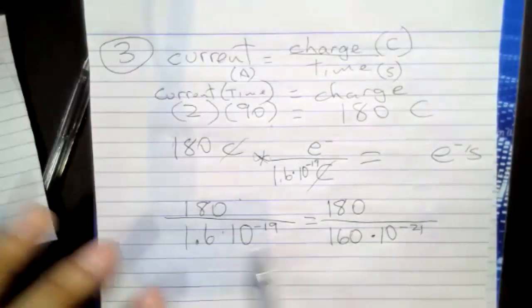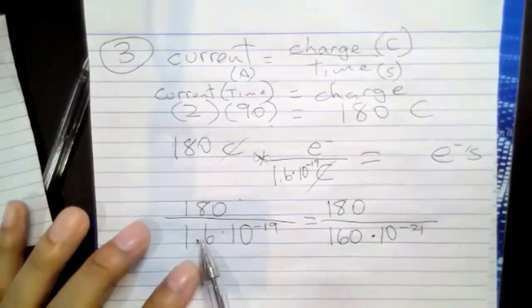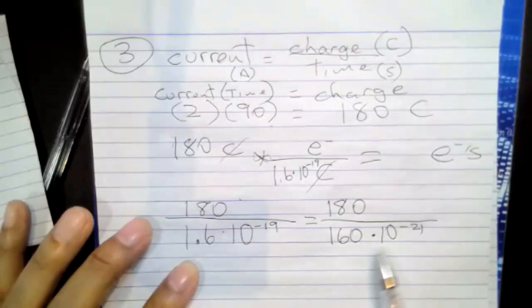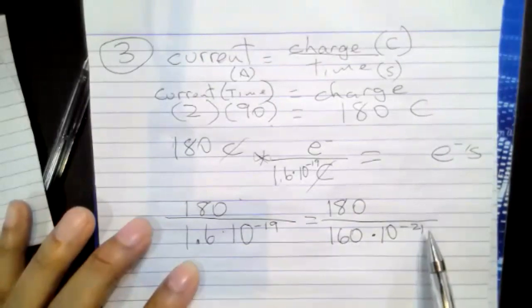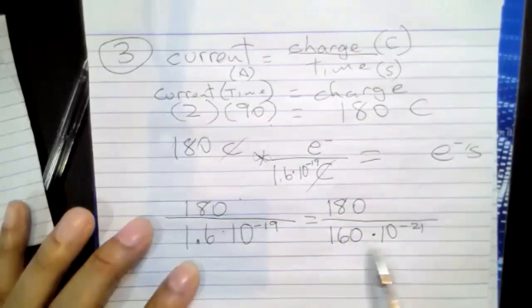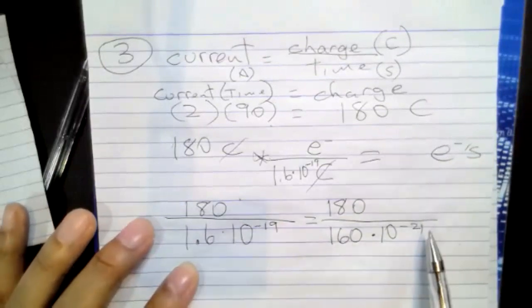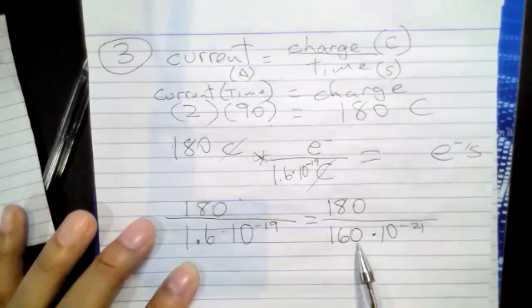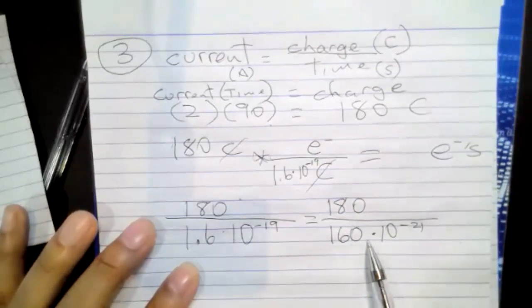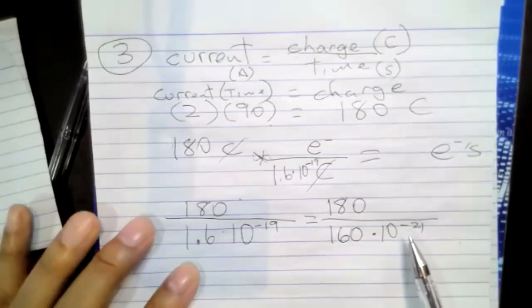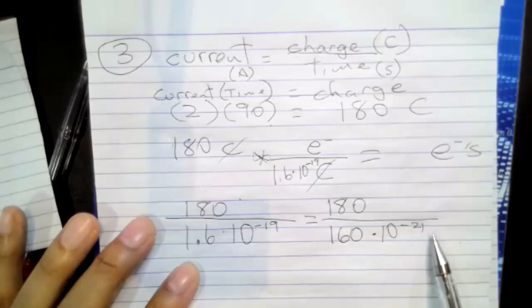What did I do? I just moved this over 2 decimal points. If I add 2, I have to subtract 2 from this. If I was subtracting 2, I would add 2 to the exponent. But here I added 2 decimal points, so I have to subtract 2 from this, and minus 19 minus 2 is minus 21.